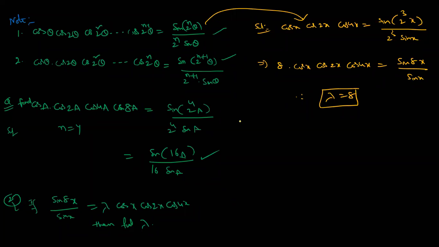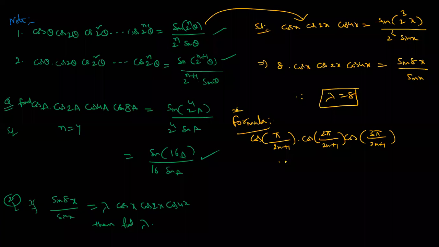So, formula: cos pi by 2n plus 1, cos 2 pi by 2n plus 1, cos 3 pi by 2n plus 1, and so on, cos n pi by 2n plus 1.